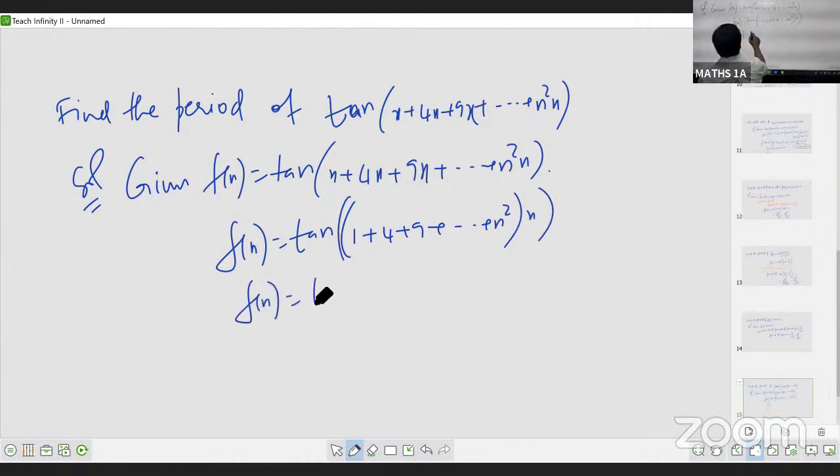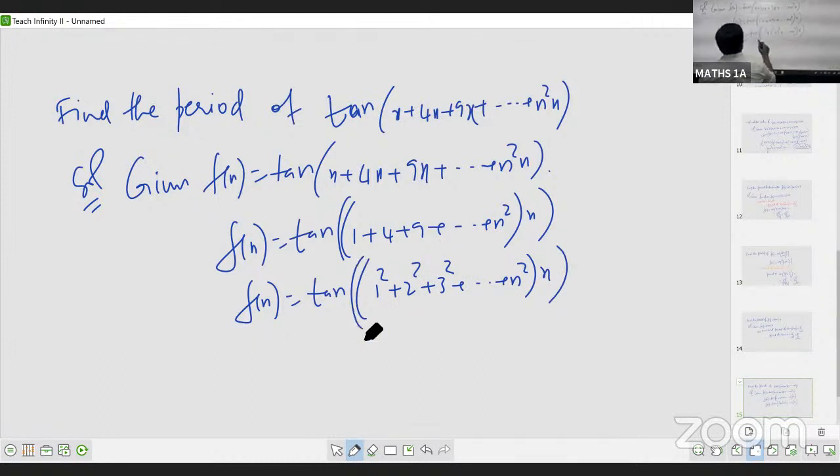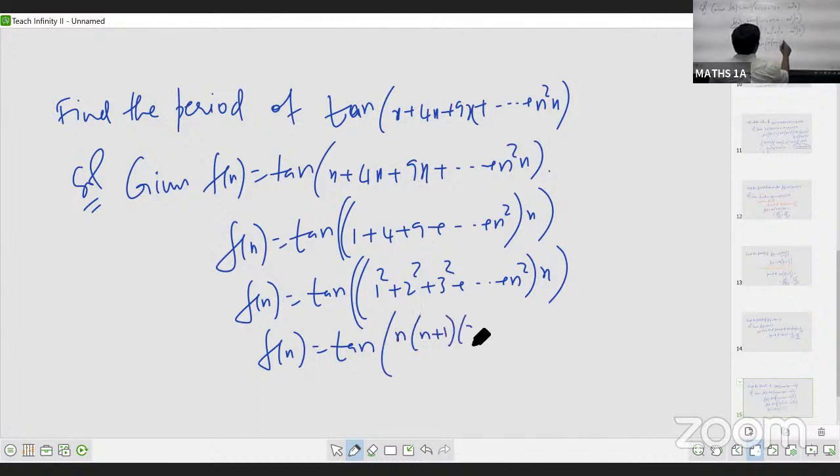That is nothing but tan of 1 square plus 2 square plus 3 square plus dot dot plus n square of x. That is f of x equal to tan of the sum of the squares of the first n natural numbers, n into n plus 1 into 2n plus 1 by 6 into x. Is it clear?